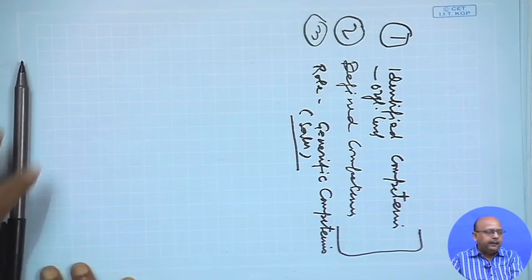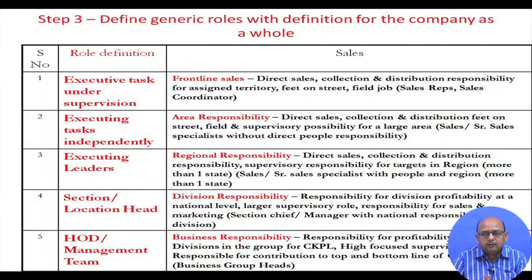And that is where you have identified certain roles, like how much work he is going to do under supervision. Okay. So, under supervision, what are the different roles to be identified, like one role that has been identified which leads to better performance, like how much front sales there is, meaning direct sales, collection, distribution for a particular assigned territory.